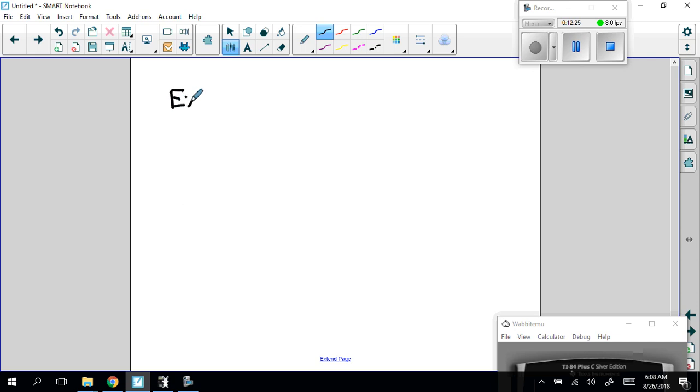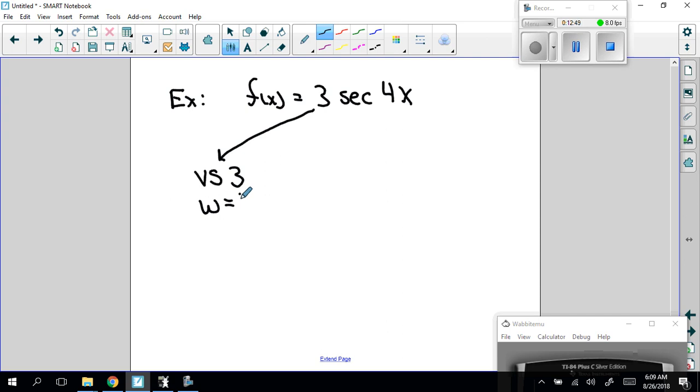Example. F of x equals 3 secant 4x. The amplitude, you can't call it the amplitude anymore. The vertical scale is 3. Amplitude is only vocab for sine and cosine. Omega is 4. The period for the 4 is 2 pi over 4, which is pi over 2.